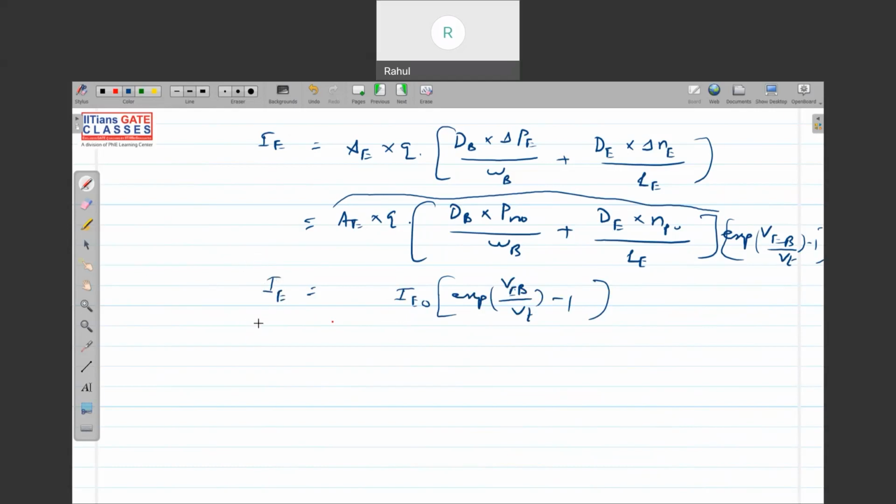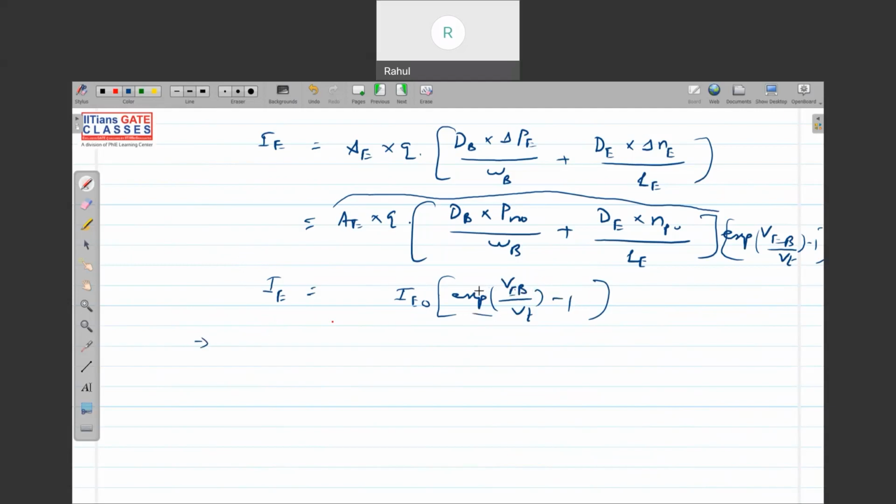what will be the del IE? If there is a change in this, since I'm ignoring this minus 1, because the exponential term is very, very large compared to 1, I can ignore this one.